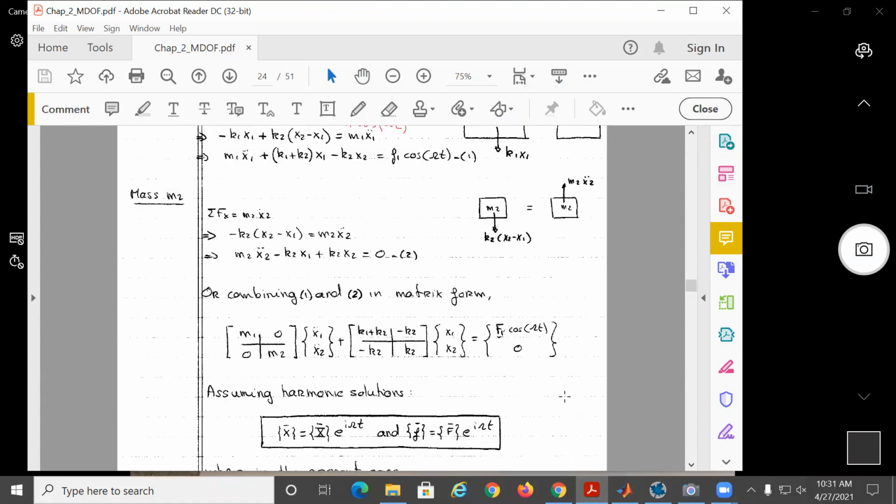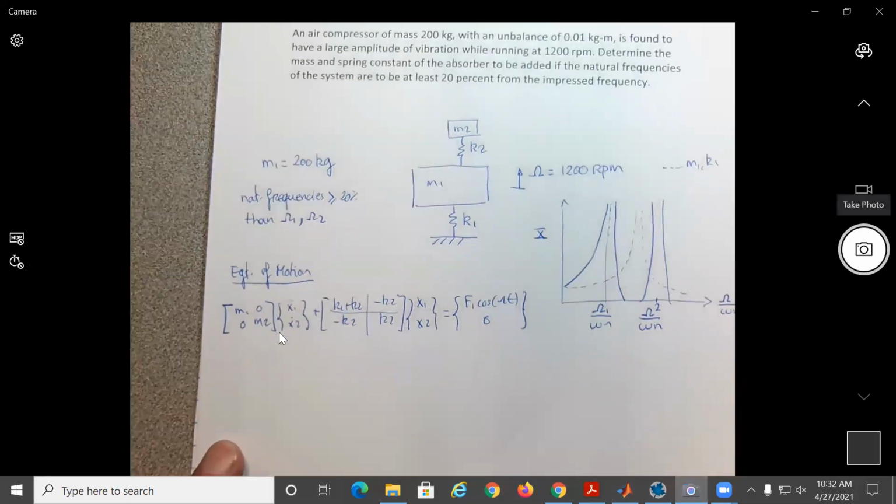This one here. So you can copy this equation here. M1, 0, 0, M2, x1, x2, plus K1 plus K2, minus K2, and I guess it's K2, no? So basically, this is what I just copied, the same equation.